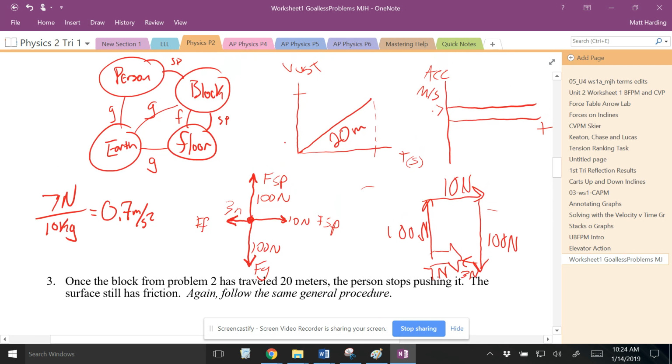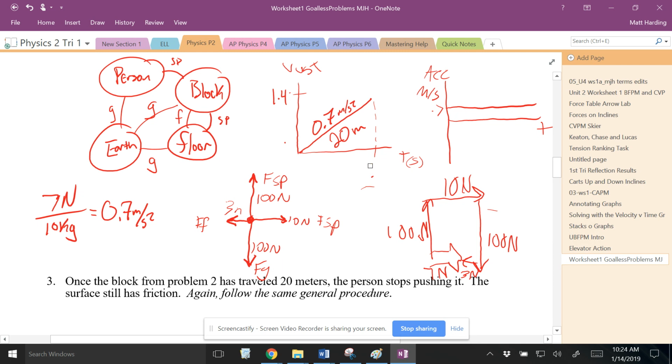So that's telling me the slope on this graph is no longer 1. Now it's 0.7 meters per second squared. If this was 1, this would be 0.7. If this was 2, this would be 1.4.